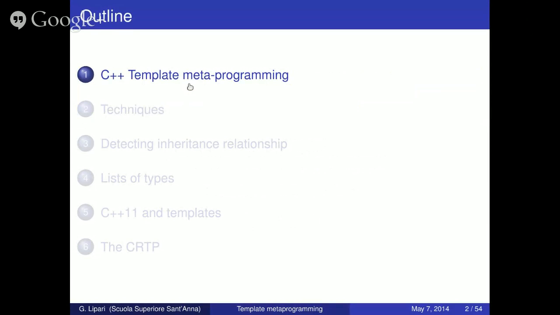And then, step by step, we are going to look at some of the techniques for programming with templates in C++. Like, for example, understanding if two template parameters are one derived from the other or not, or implementing one thing or the other depending on some specific parameter that is known at compile time.